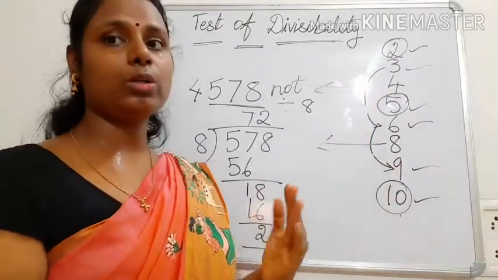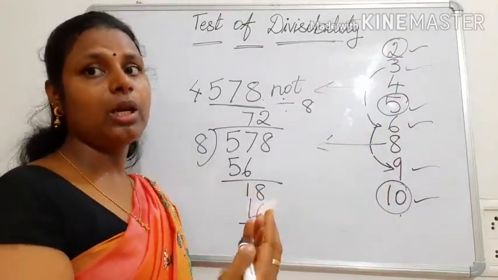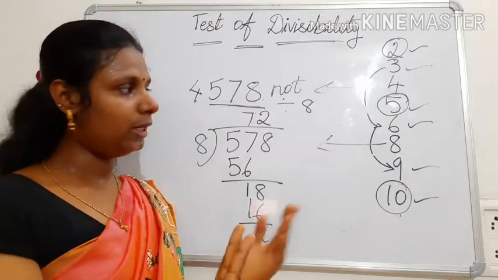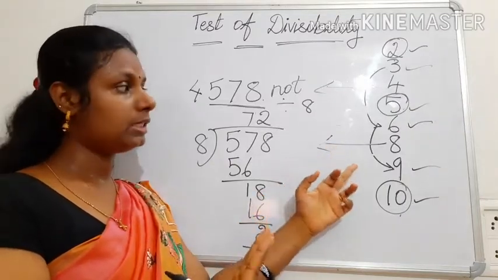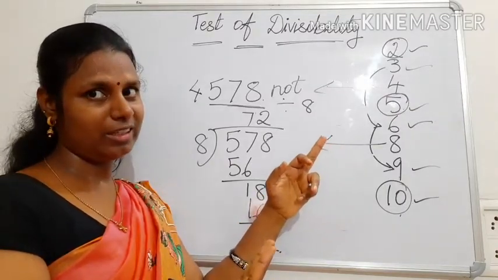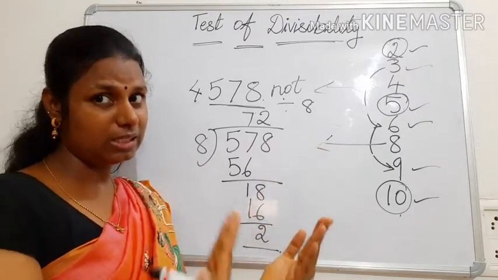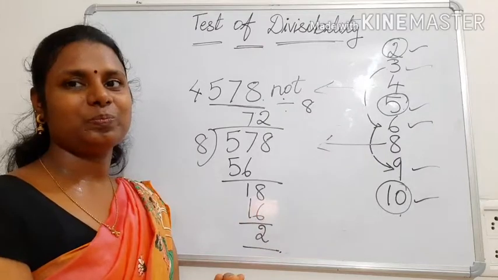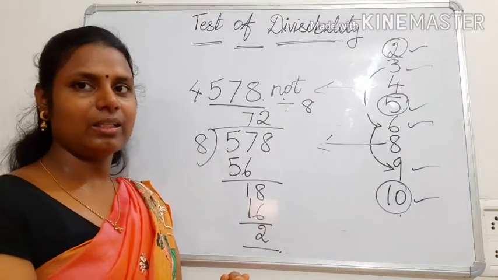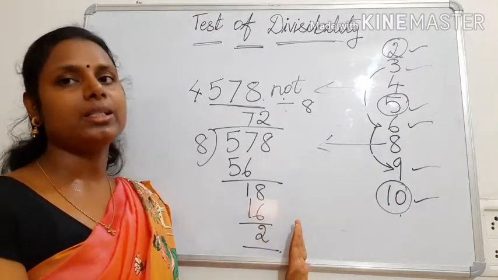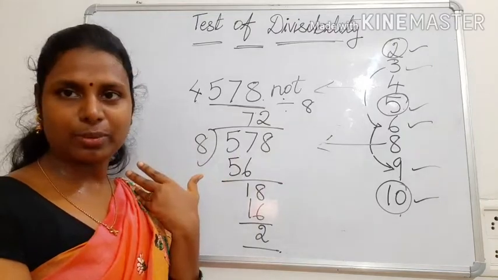For 4 you are going to take only 2 digits from one's place. And for divisibility by 8, you are going to take 3 digits from one's place, and divide and see. That means if that is divisible by 8, the whole number is divisible by 8.